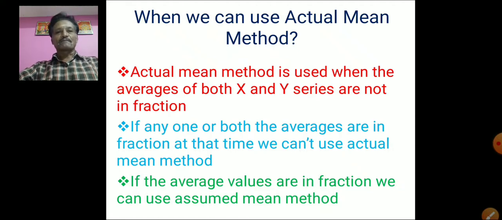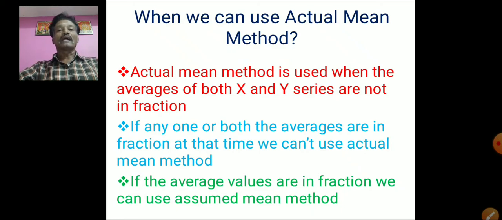You may ask, can we use the actual mean method when the actual mean values are in fraction? We can use it, but we have to take the deviation with the help of the actual mean, that is, the fractional value should be taken into account. When you are taking the deviation with fractional values, the calculation will be somewhat tedious.